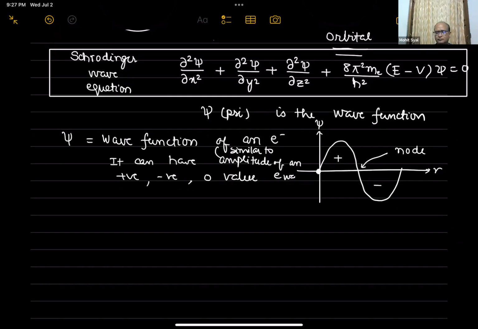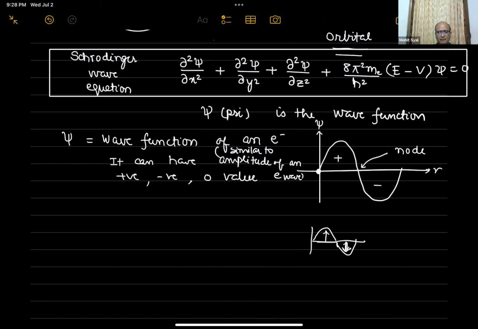I didn't understand what amplitude was. Amplitude, for a wave, this is known as amplitude. It increases and decreases, basically.